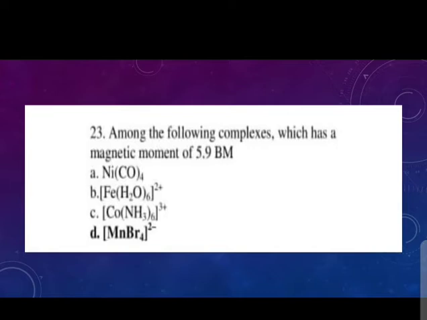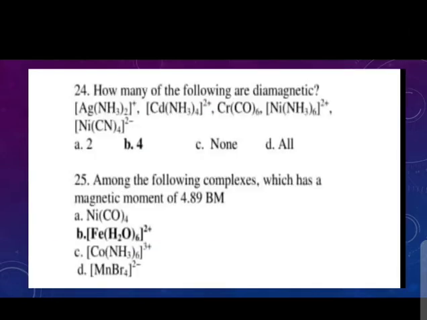So our options are A. Ni(CO)4, B. [Fe(H2O)6]2+, C. [Co(NH3)6]3+, and D. [MnBr4]2-. So our correct option is D. [MnBr4]2-.